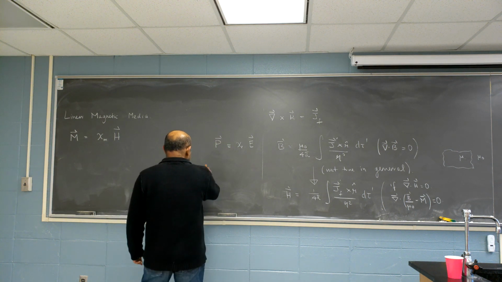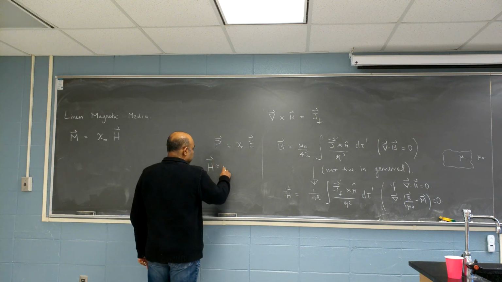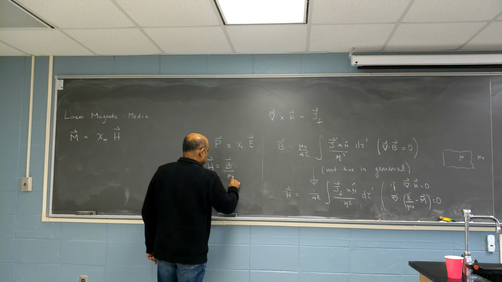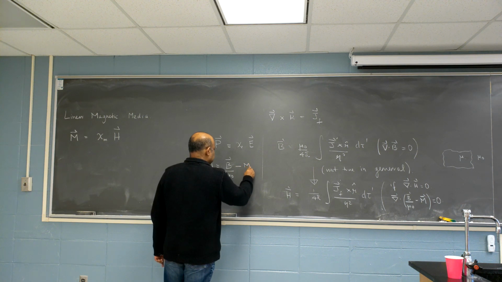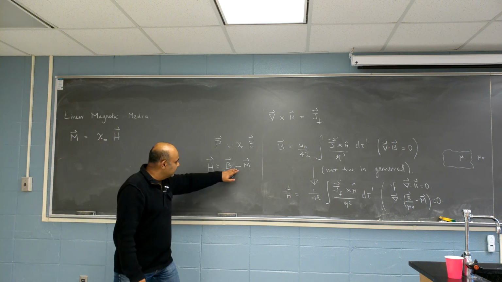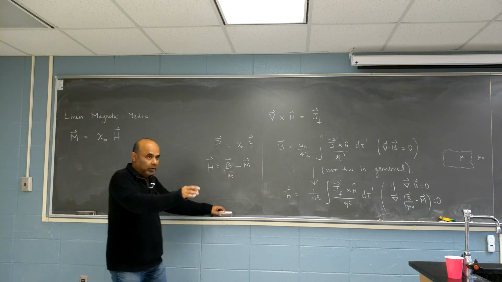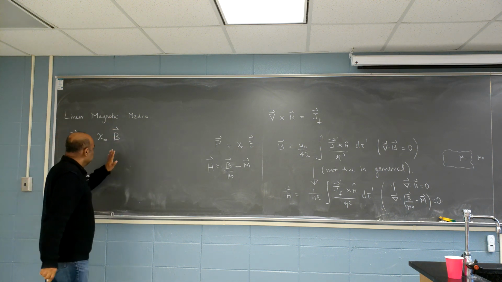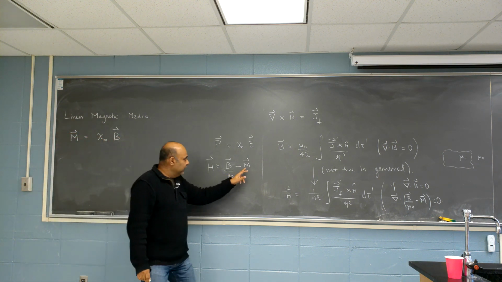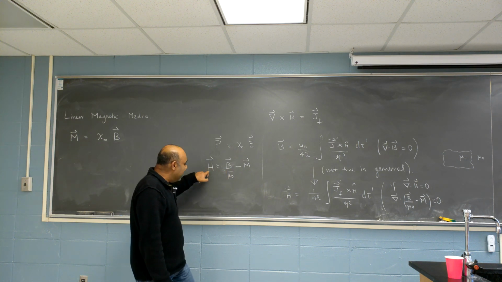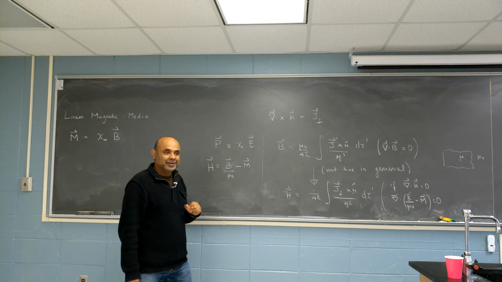So here it is. H is equal to B over mu 0 minus M. If M is proportional to B, then M, B, and H are proportional to each other, right?